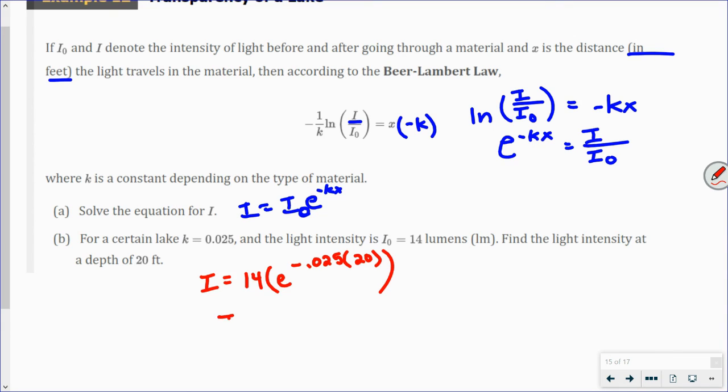And I just have to put all this into the calculator. So I have 14 e to the negative 0.025 times 20, and I get about 8.5 lumens for that.